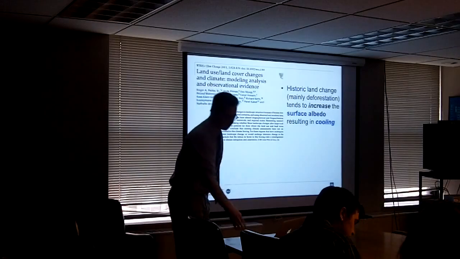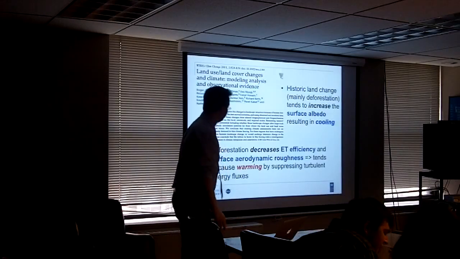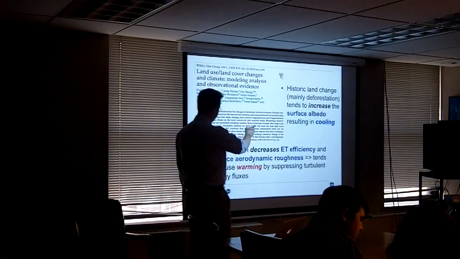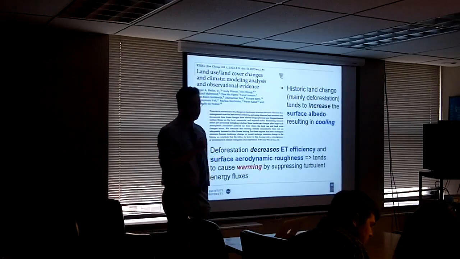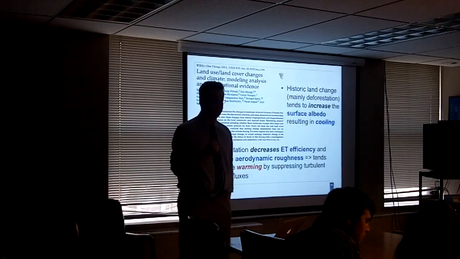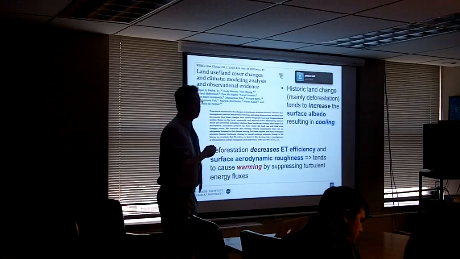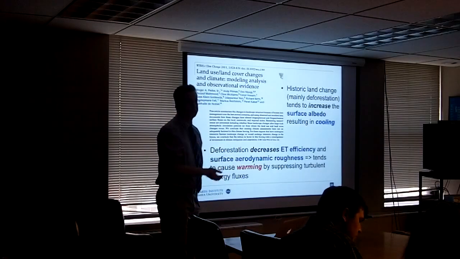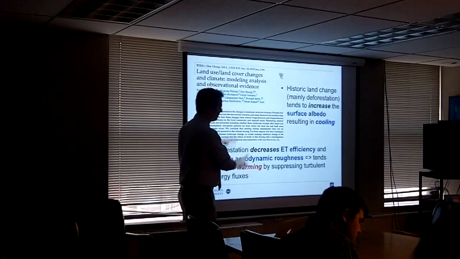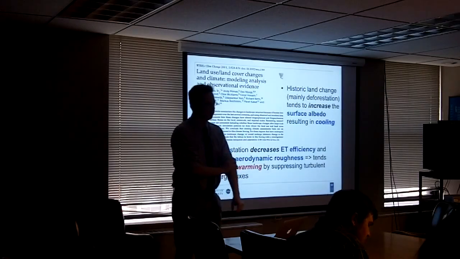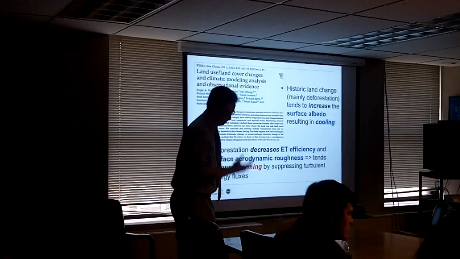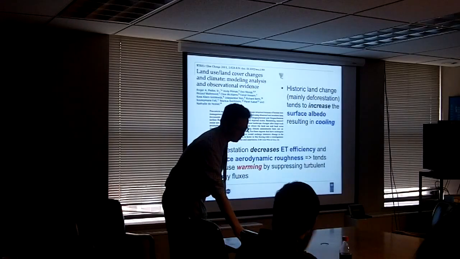But at the same time, deforestation decreases your evapotranspiration efficiency, and it also affects your surface aerodynamic roughness, which could cause warming. So you have these competing changes due to land cover change, and those are the first order changes that you would consider.